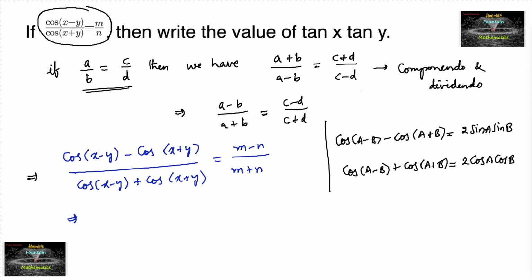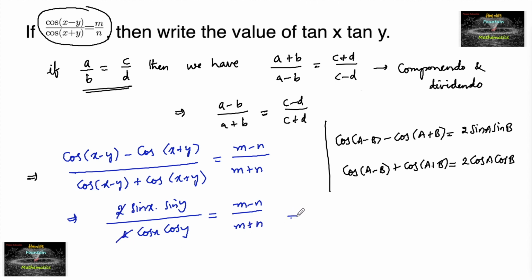So we can write here 2 sin x sin y upon 2 cos x cos y, which equals m minus n upon m plus n. 2 and 2 get cancelled. Sin x upon cos x is tan x, and sin y upon cos y is tan y. So tan x into tan y is equal to m minus n upon m plus n. Okay, thank you.